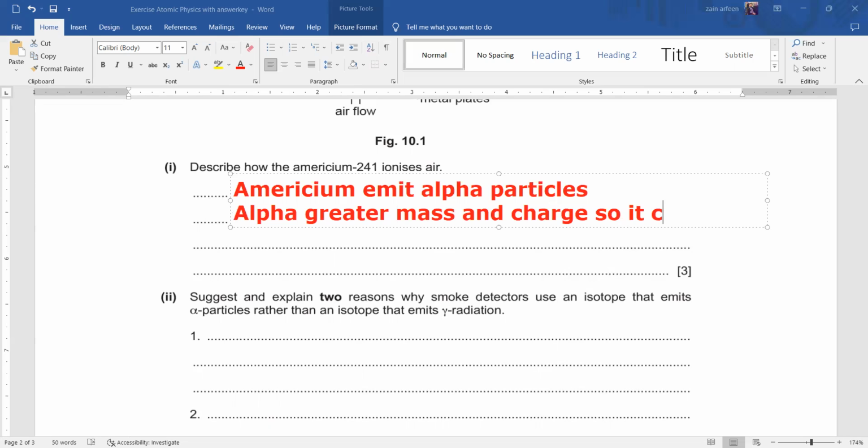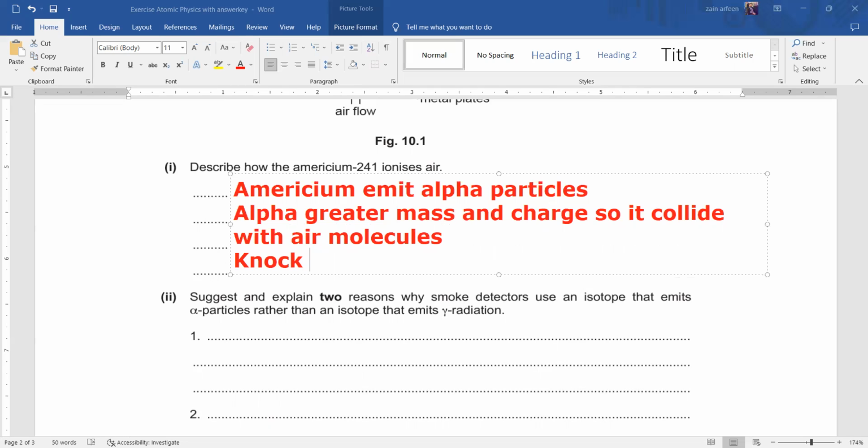So it collides with electrons, or it collides with air particles or air molecules. As a result, it will knock out electrons from atoms or molecules.